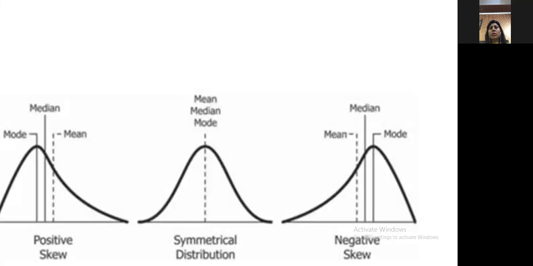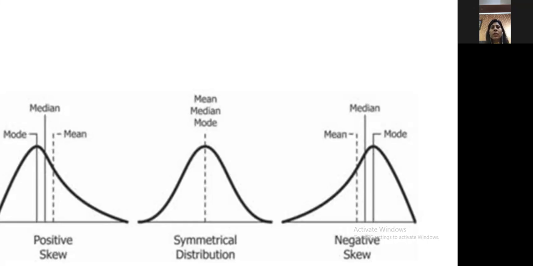What skewness is: you can see here that in the middle, you will see a symmetrical distribution, as we are talking continuously about symmetry. You can see in the middle the same position of the curve, the same form of the curve on both the sides.